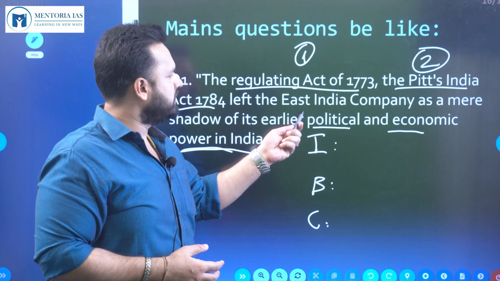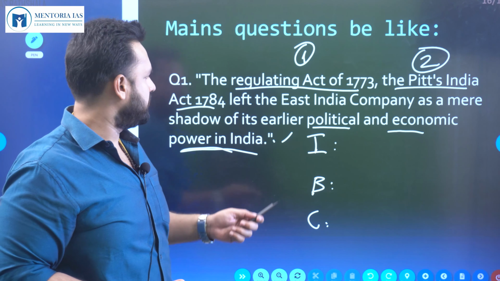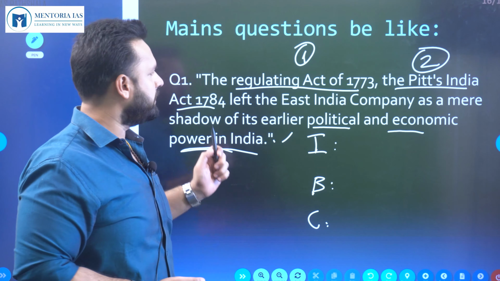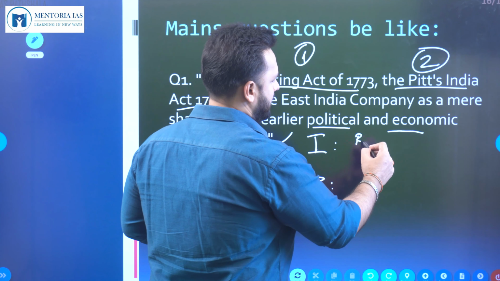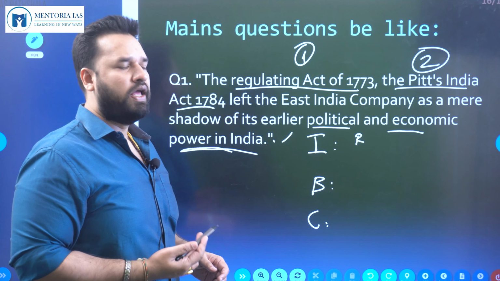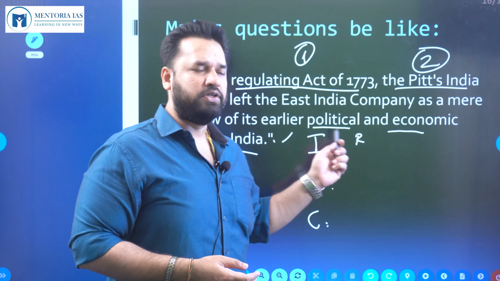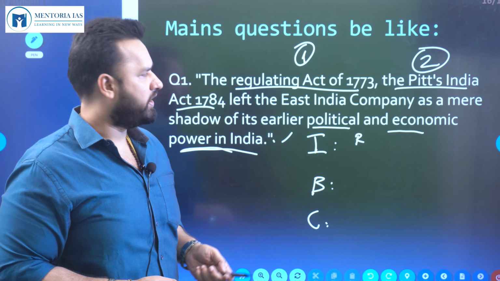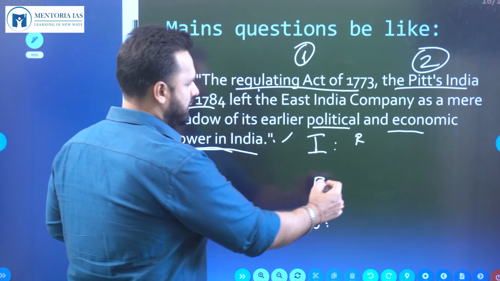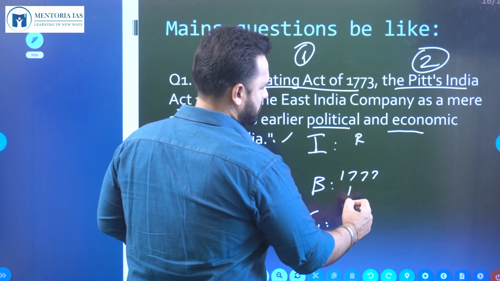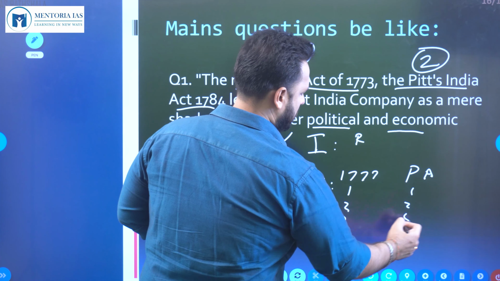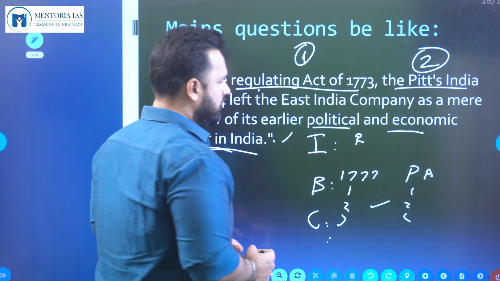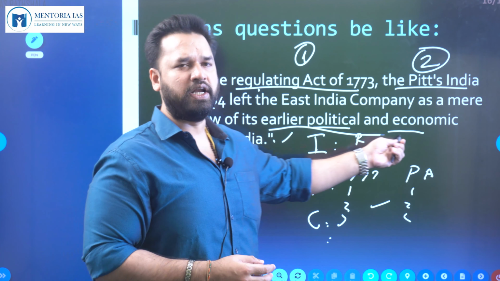That means the East India Company was stripped of its political and economic power in India. Okay, is it so? Yes. Start with writing that the Regulating Act was introduced in the year 1773 and the Pitt's India Act was introduced to regulate the East India Company, and then mention Regulating Act 1, 2, 3, 4 points and Pitt's Act 1, 2, 3, 4 points, and then you finally conclude by agreeing with this statement.